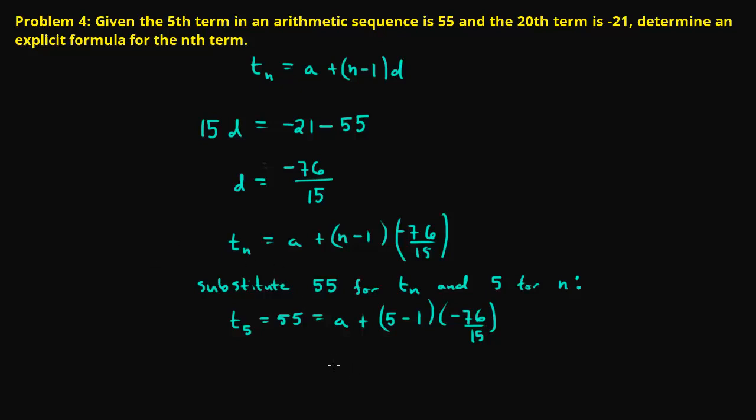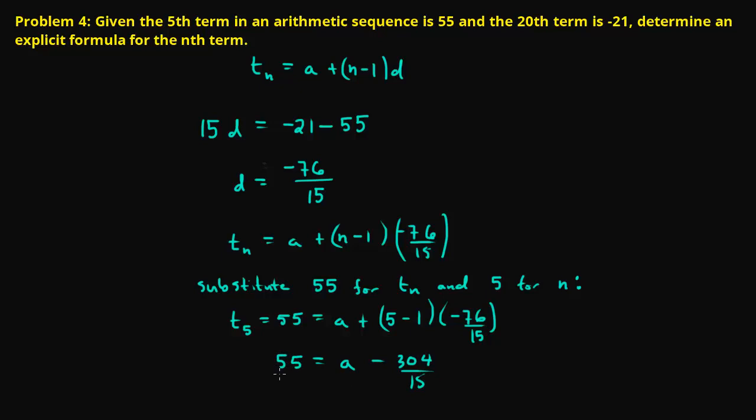So we have a minus 76 times 4 over 15. 76 times 4 is 304. So we have a minus 304 over 15, and that's equal to 55.